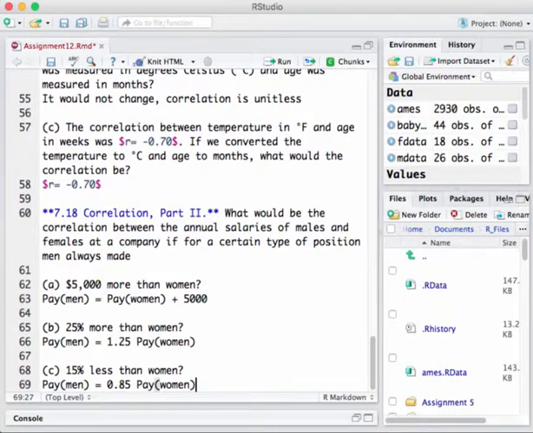So what they want to know for each of these scenarios is, what would the correlation coefficient be? Now here's the deal. What we're assuming is that there is a perfect relationship between each one of them, right? That's the thing you've got to get. This is almost kind of a trick question, because you'd think that maybe things would be changing, but it says always.